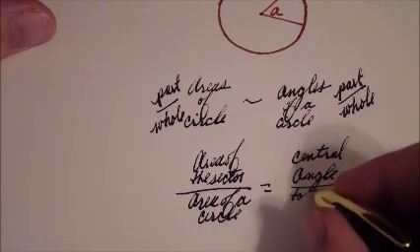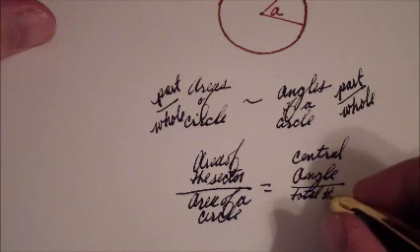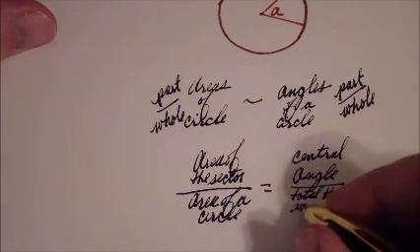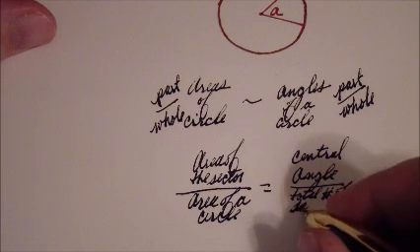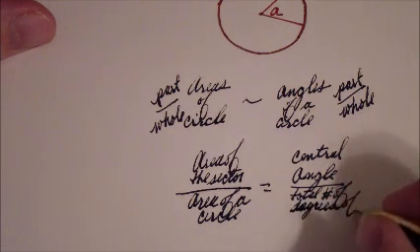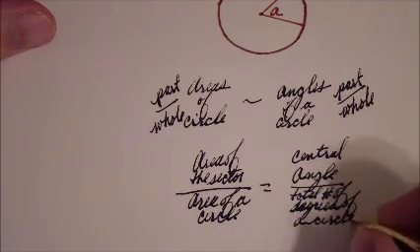Total number of angles, or actually in this case degrees, of a circle. Okay?